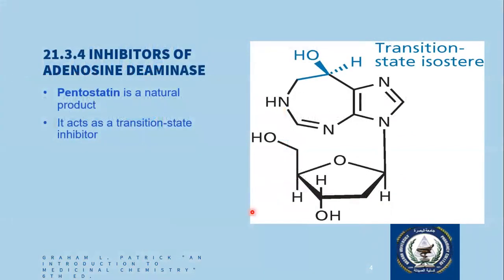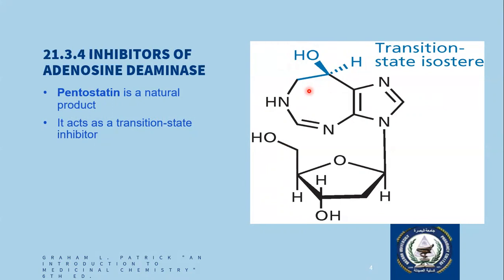The inhibitors for the adenosine deaminase are transition state isosteres. An example is pentostatin, which is a natural product. It's not synthetic, it's a natural product. Pentostatin acts as a transition state inhibitor. Why transition state? Because this group mimics the tetrahedral intermediate of the substrate.